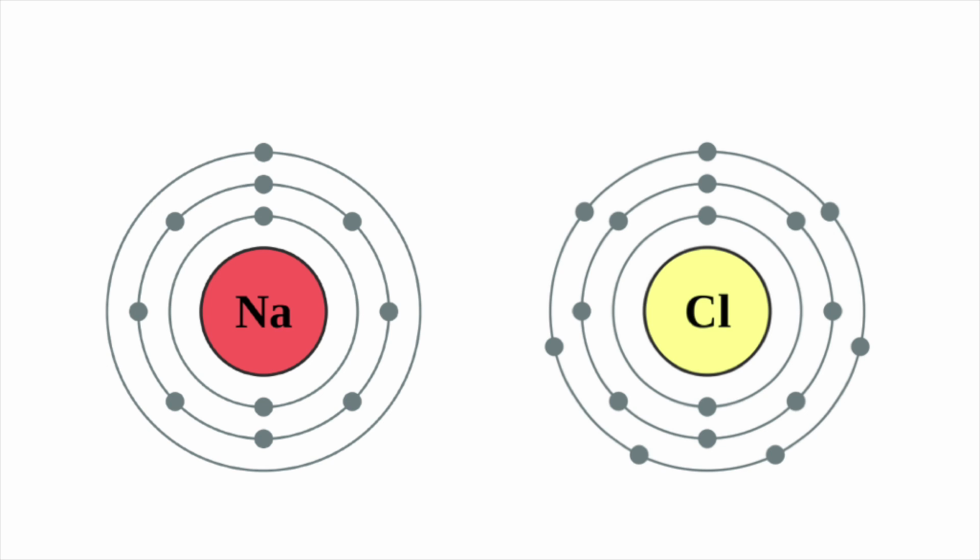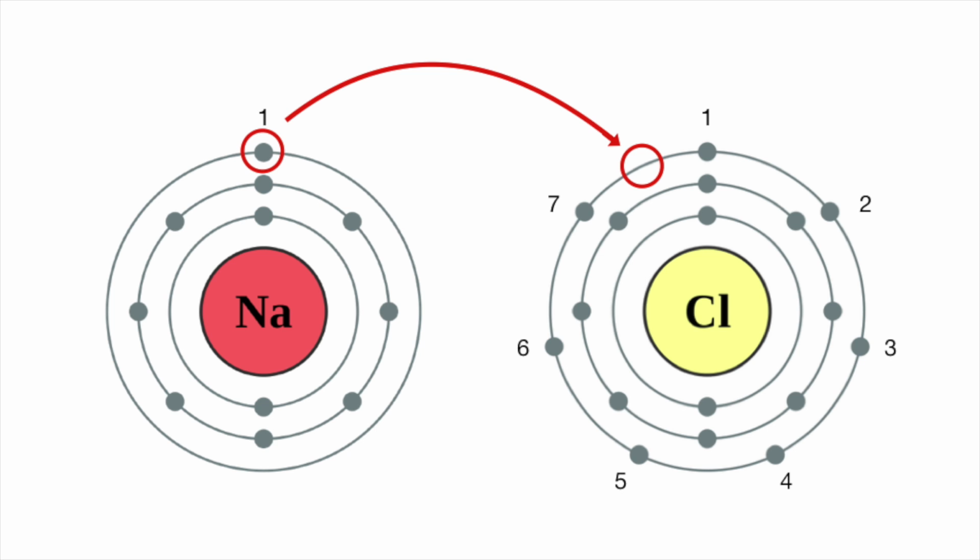Elements that are closer to being completely filled are more reactive. For example, chlorine with 7 valence electrons only needs one more electron to have a complete valence shell, so it's highly reactive. Sodium with 1 valence electron is highly reactive because it really wants to get rid of that electron. Therefore, sodium will give its extra electron to chlorine so that they can both be happy.